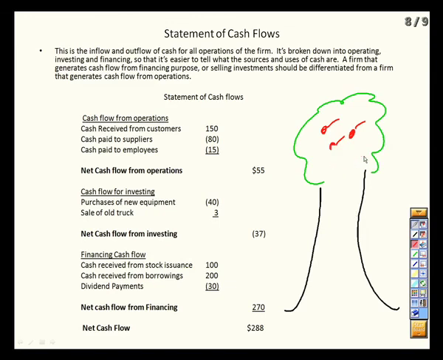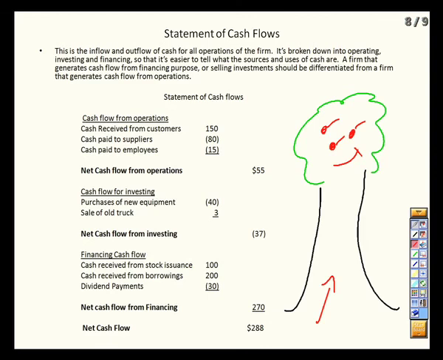A very happy little apple tree. The tree has roots in the ground where it pulls in the nutrients and water and such that it needs. That's the financing activities of the firm. That's where we get our seed capital, if you will. And no, they don't get any better.